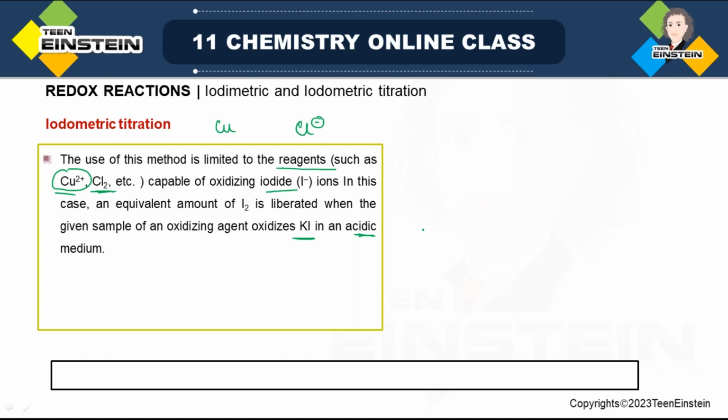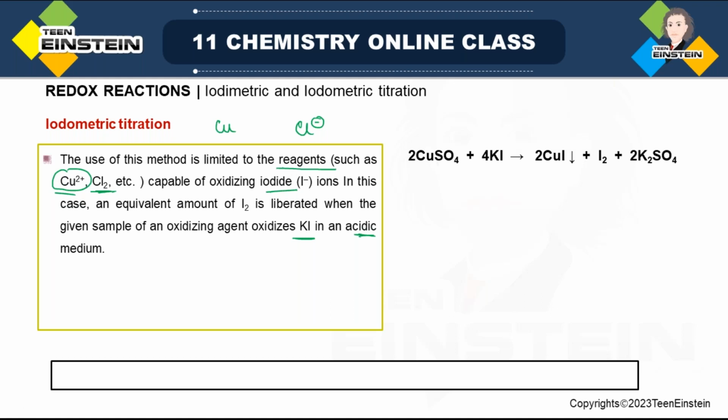It is close to neutral or maximum pH 8. It should not cross that. So strong basic medium and strong acidic medium, both we have to avoid. Why it is so, that also I will discuss. Just remember, strong acidic and strong basic are both detrimental for iodometric or iodimetric titration.